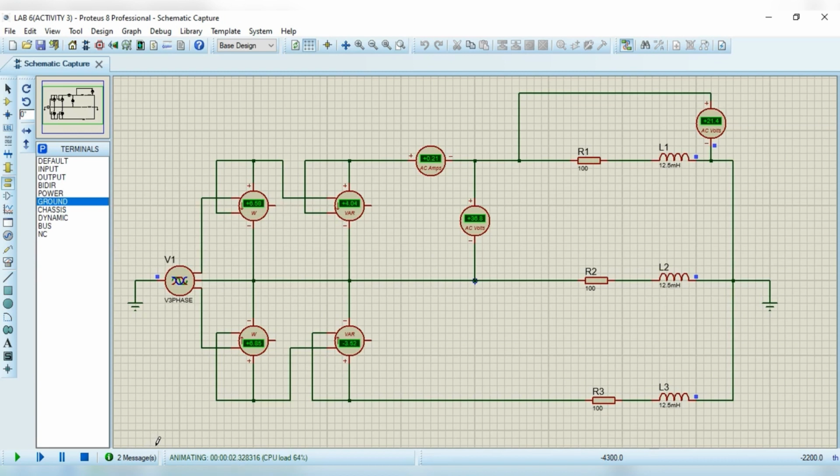And we get 36.5 volt, and for the AC volt here 21.2, and for the ammeter the current 0.1.